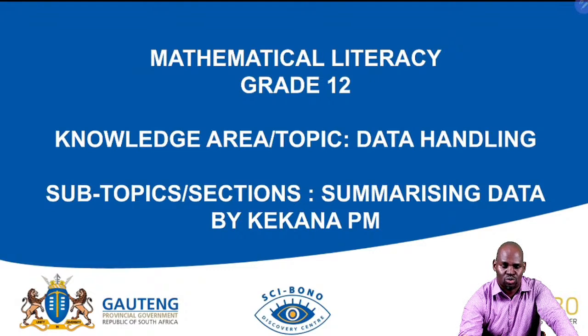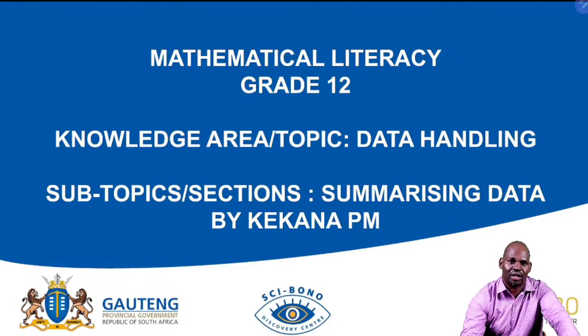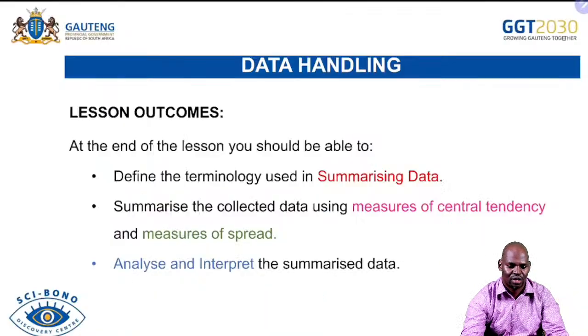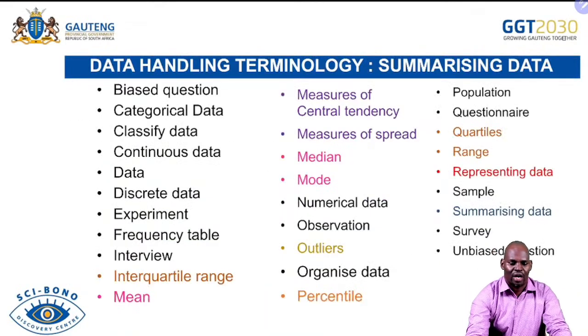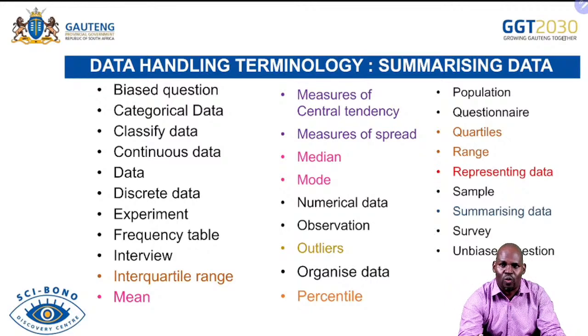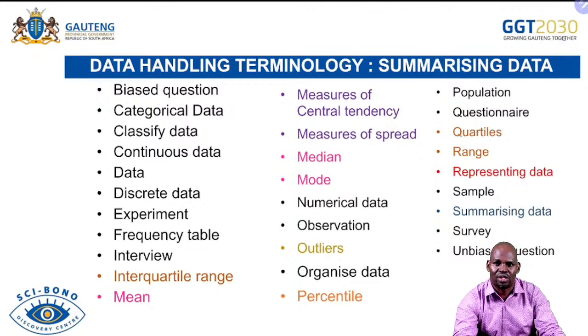And you should be able to analyze and interpret the summarized data. Now, if you remember very well, boys and girls, last week we discussed some of these terminologies. So I'm not going to discuss all of them today, but I'm just going to focus on the ones that we're going to work with today.